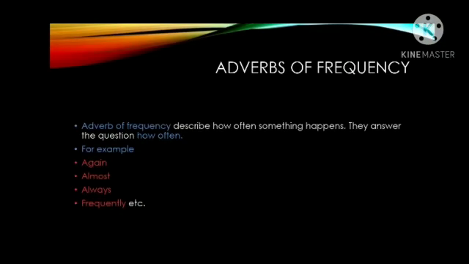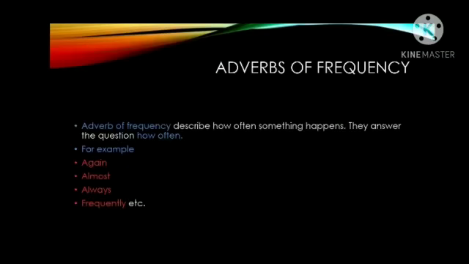An adverb of frequency tells us how often something is done or happens. Adverbs of frequency answer the question how often. Some commonly used adverbs of frequency are always, rarely, sometimes, often, usually, seldom, occasionally, and so on.